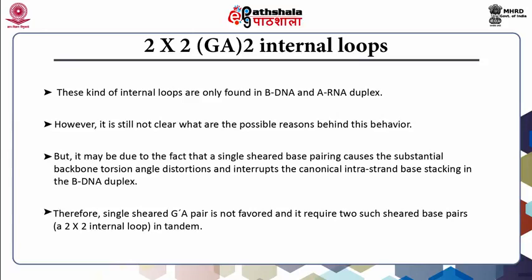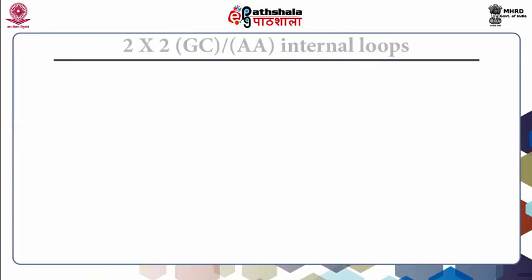Therefore, a single shared GA pair is not favored and it requires two such shared base pairs, a 2 into 2 internal loop in tandem.